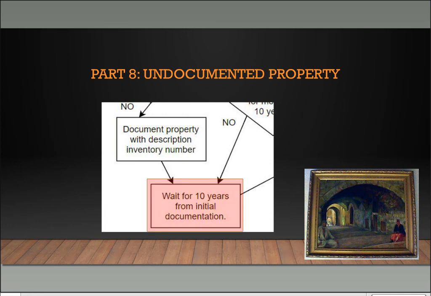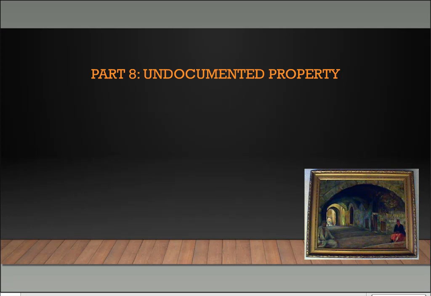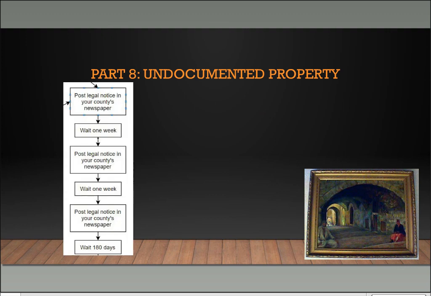All right. So we're going to document the property. Then we have to wait 10 years from the initial documentation. So in order to avoid using this law, document stuff on your site that you don't know about, that you don't have any information about, because you will cut down on the amount of time you're waiting.